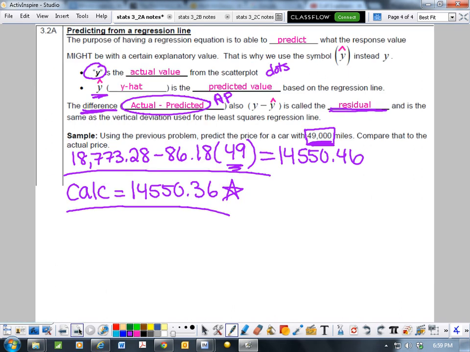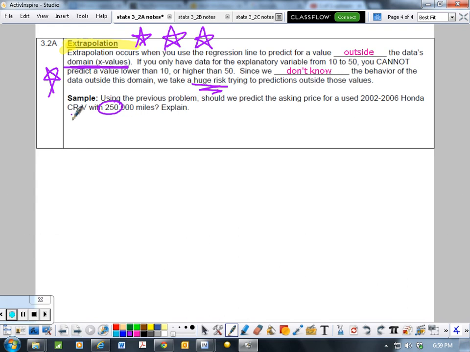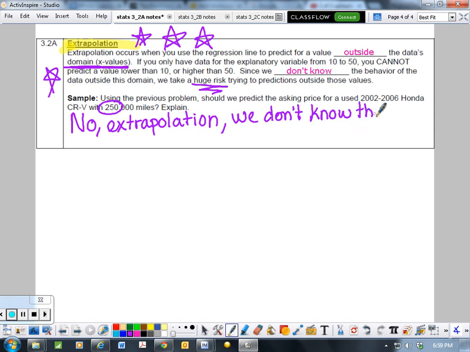And so we can't do that, because it is extrapolation. We just don't know the behavior of the data beyond 86,000 miles.